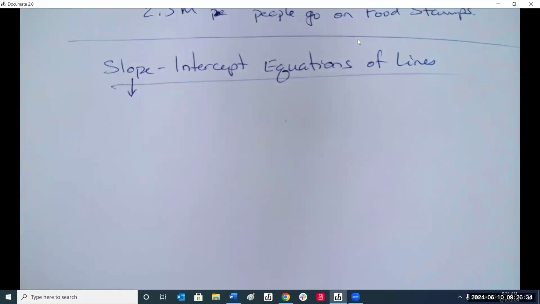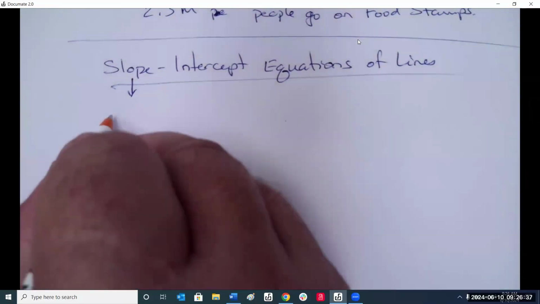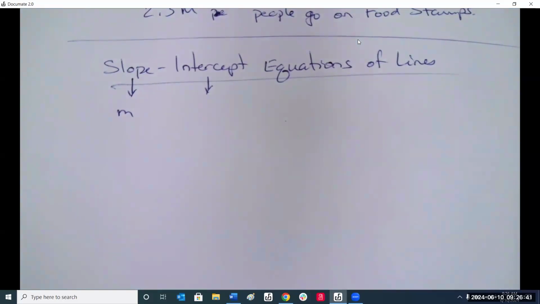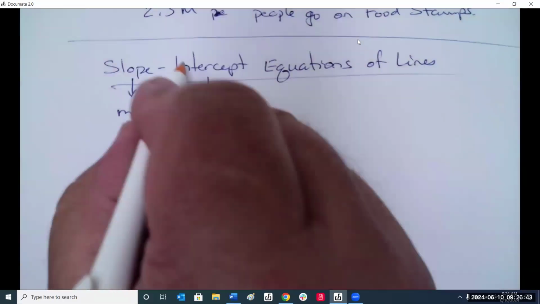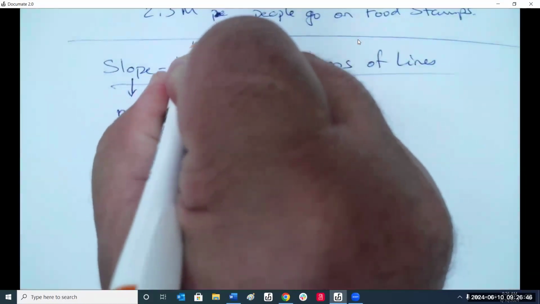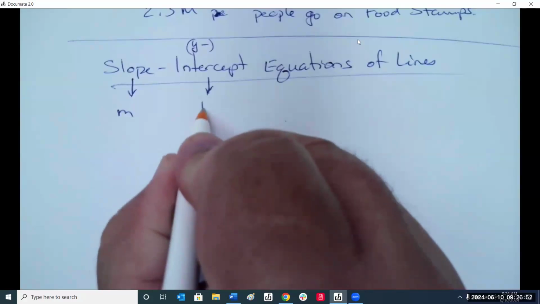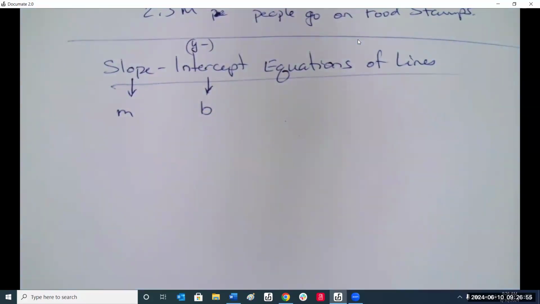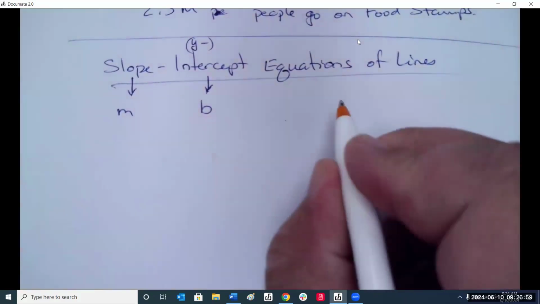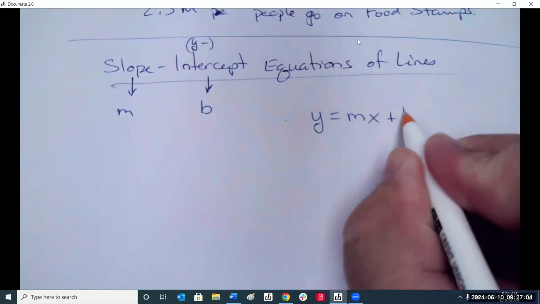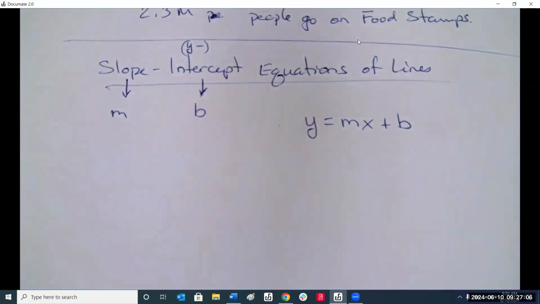Slope has what letter? The intercept. Which intercept are we talking about? When we say the intercept, in this case, it's the y-intercept, where it crosses the y-axis. The letter we use for that is b. And that's the slope-intercept formula.